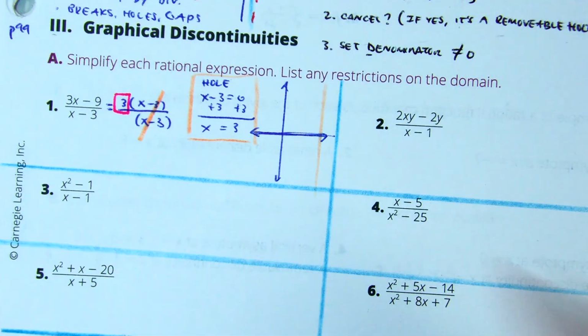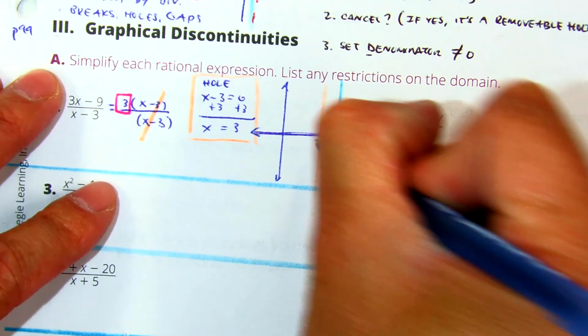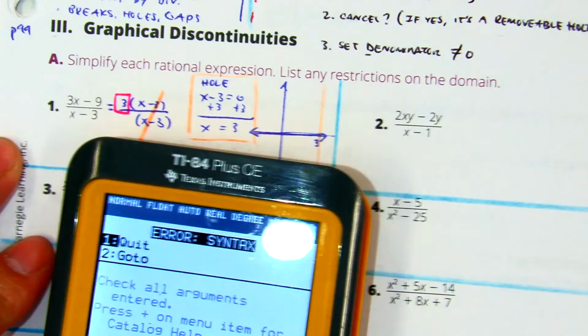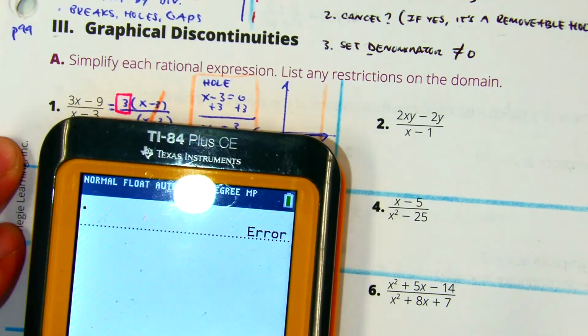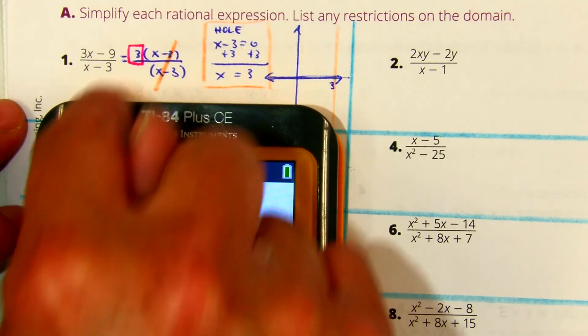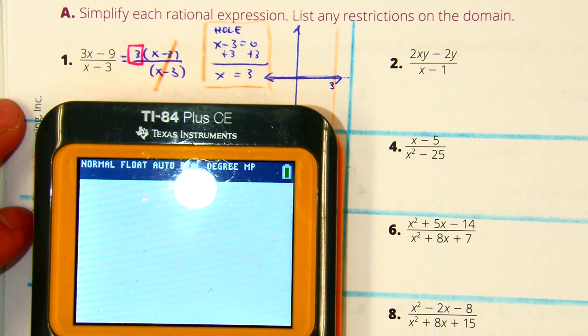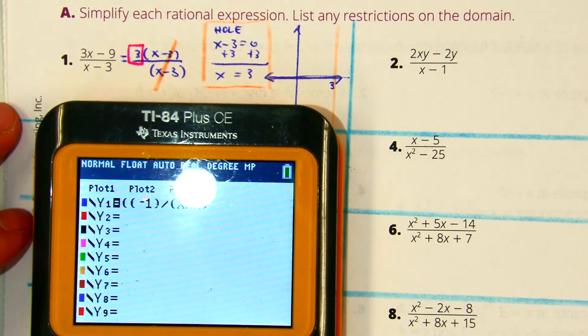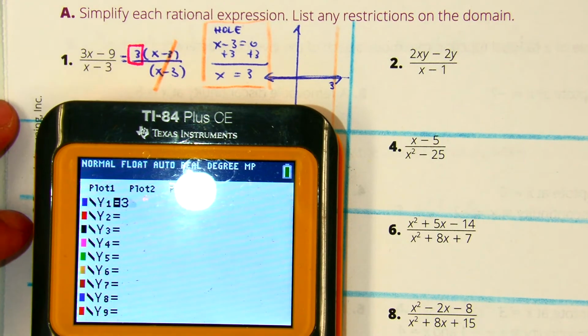That's x equals 3. Okay, you can use Desmos now, or a graphing calculator if you have one. All you're putting into Desmos is just 3, the pink. So I'm going to go to y equals, press clear, press 3, and then press the graph button in the top right.